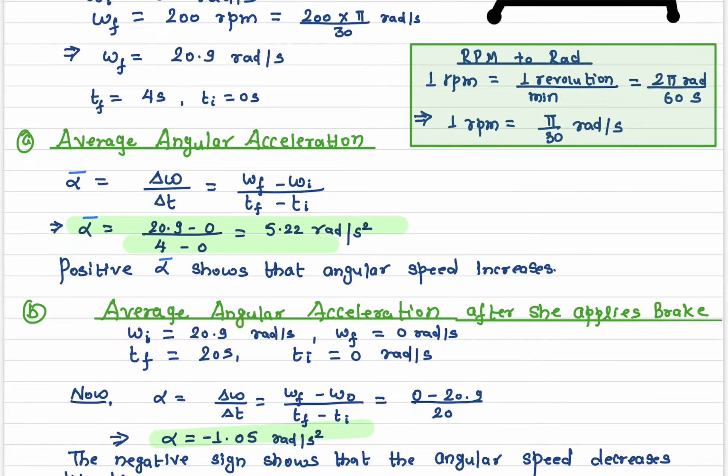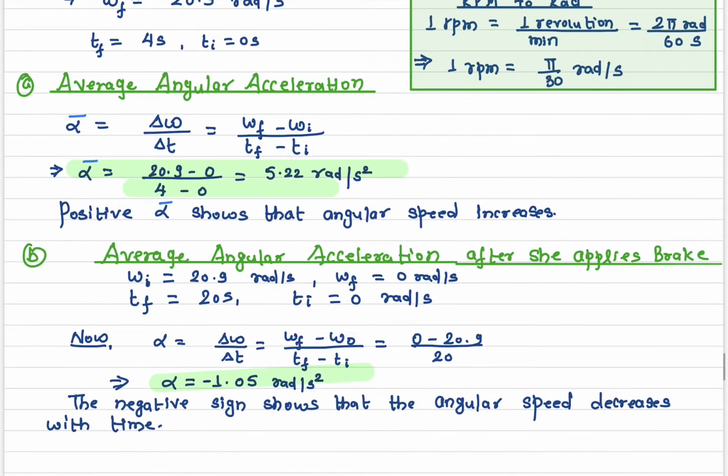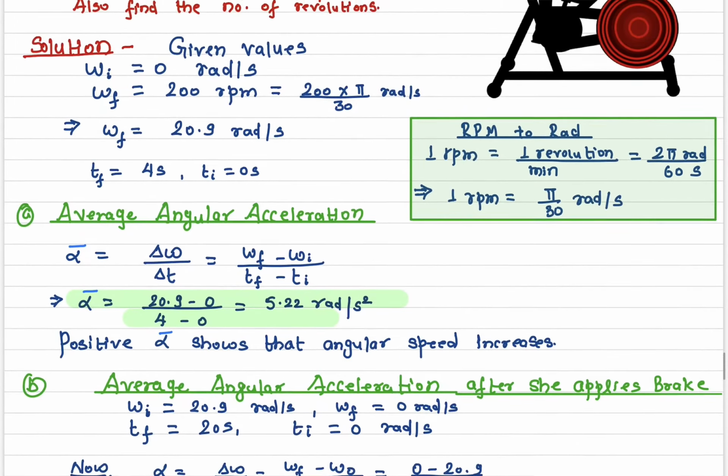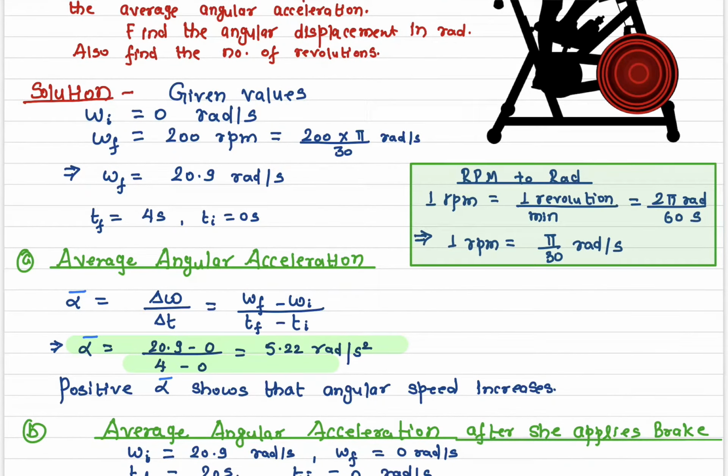And she has applied a brake, and after a certain time it comes to rest, or it comes to a stop. So the final angular speed will be 0, and this will be the initial angular speed, for the second part when she applies the brake. You just see the notation now: when she was speeding up, when she started cycling, her initial angular speed was 0.